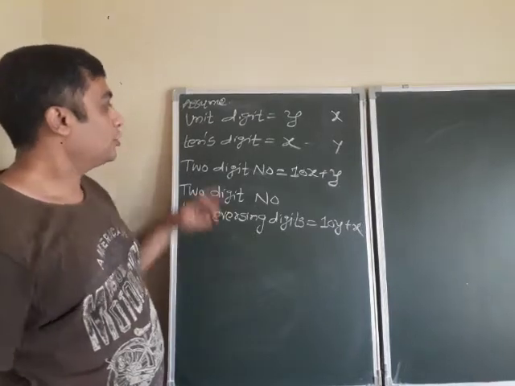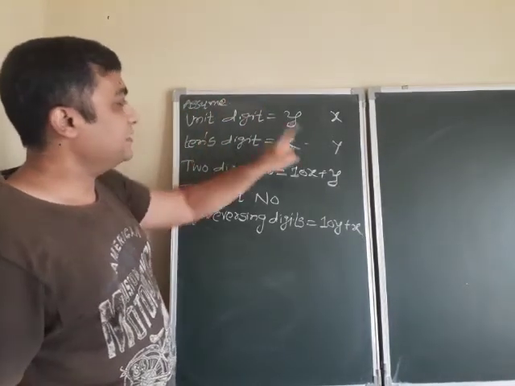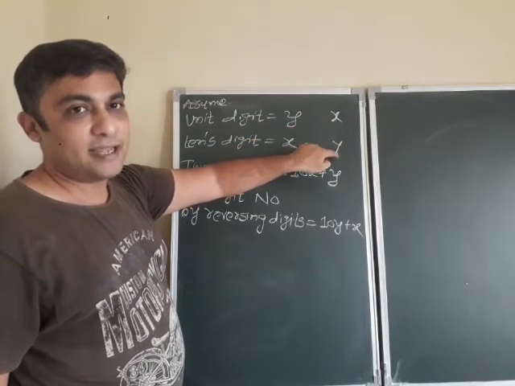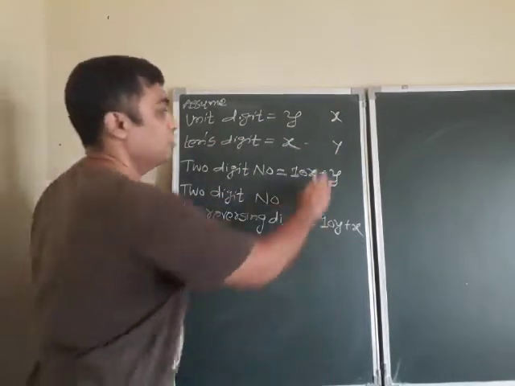Clear? If you are reversing the digits, the tens digit is y and the unit digit is x, so your number will be 10y plus x. Understood? Ready?